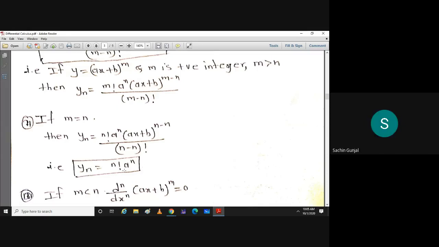Here it is n factorial into a raised to n. How do you get it? You just substitute m equal to n in the above formula: n factorial a raised to n, ax plus b raised to n minus n, that is ax plus b raised to 0, upon n minus n factorial. 0 factorial is 1, so this is n factorial a raised to n.